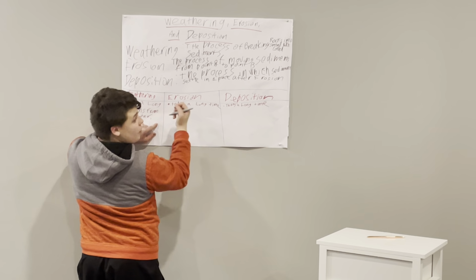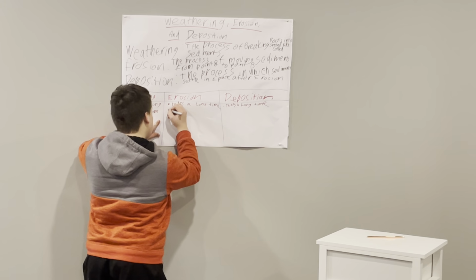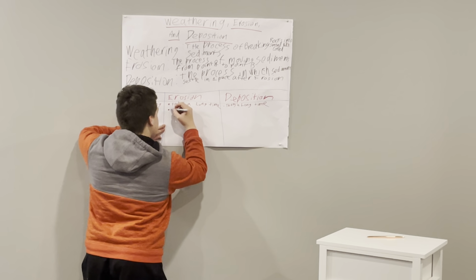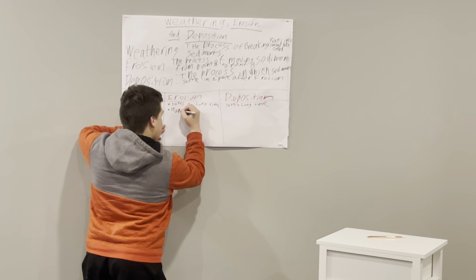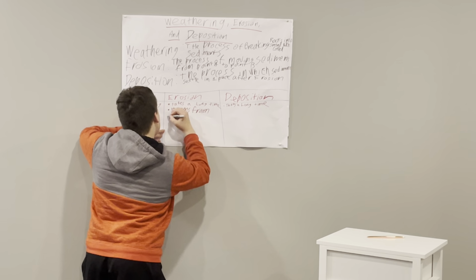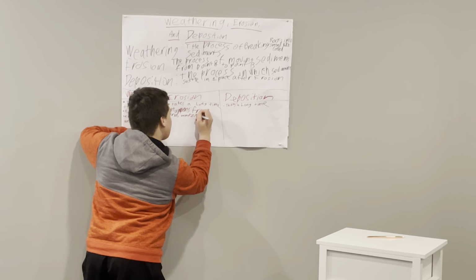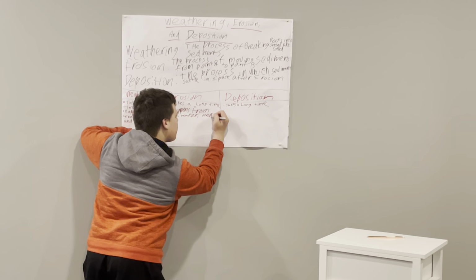Erosion happens from wind and water. Well, all of them actually. Happens from wind, water, and ice. Then deposition, I think we'll just stop there for now.